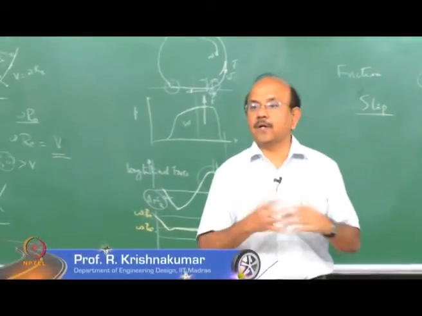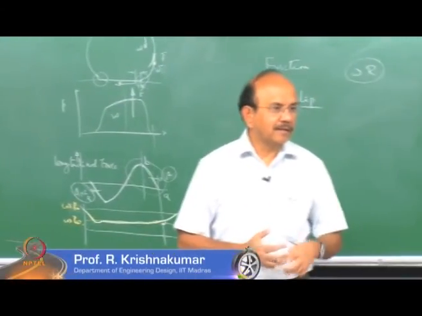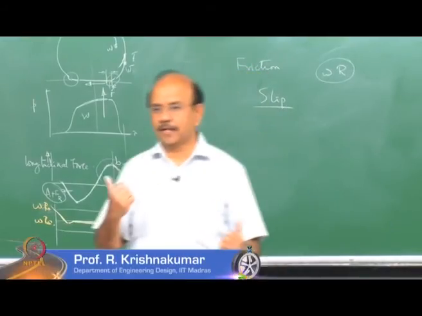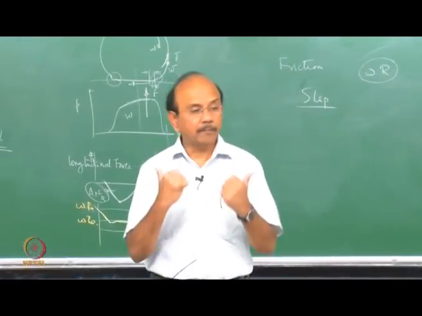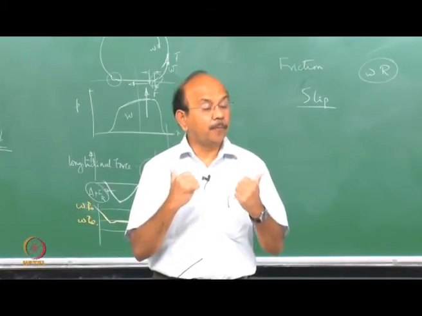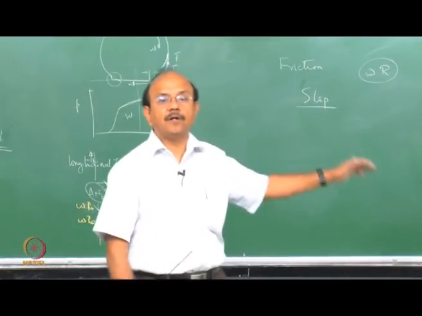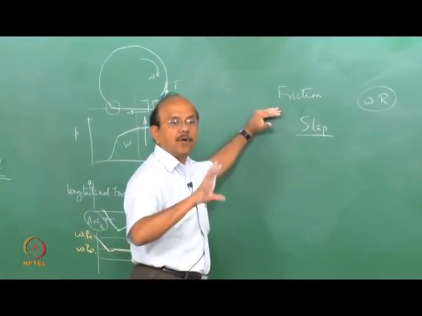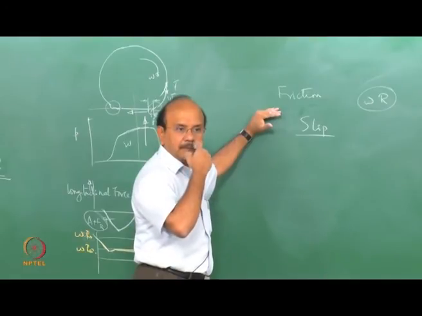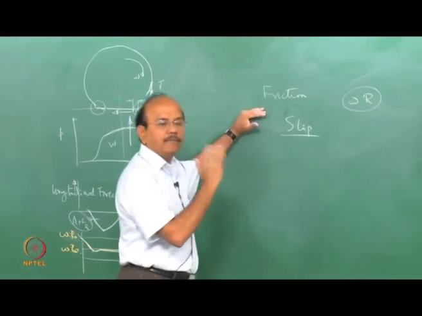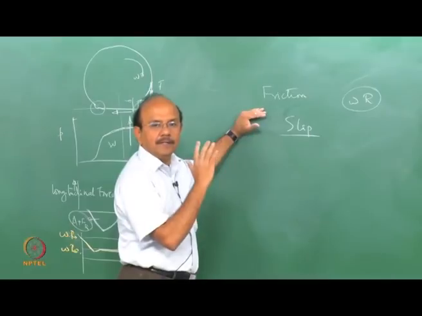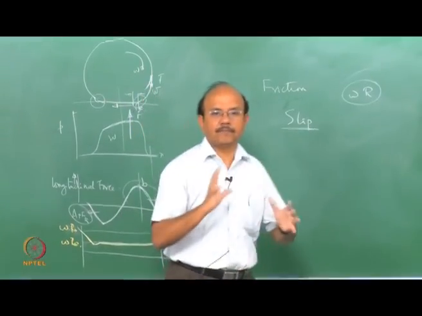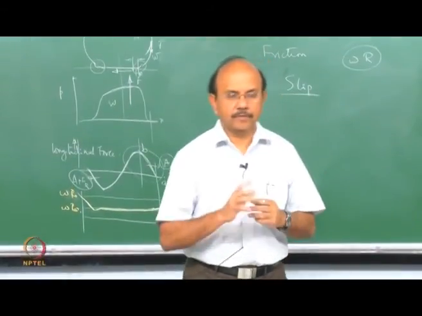So when there is cornering plus braking, then there is a longitudinal force as well as a lateral force. Both of them now act, and both of them want a part of this pie called mu into N. So this is combined cornering plus braking. So we'll first look at braking, look at cornering, and then we will combine both cornering and braking and look at how the force actually gets distributed. We'll see that in the next class.